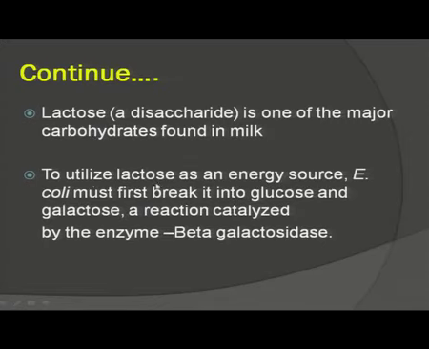To utilize lactose as an energy source, E. coli must first break it into glucose and galactose, a reaction catalyzed by the enzyme beta galactosidase.